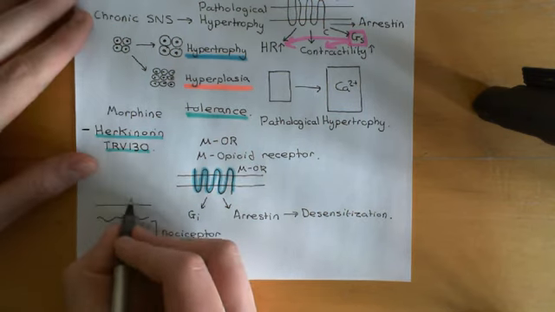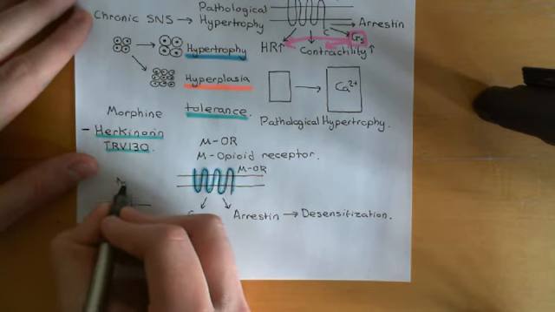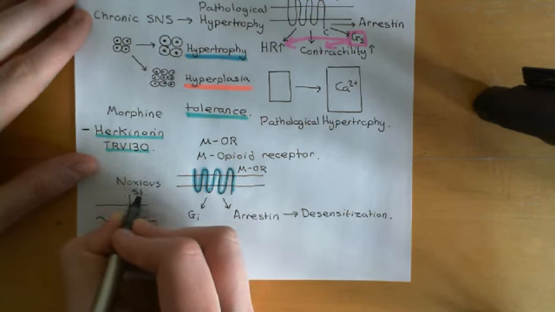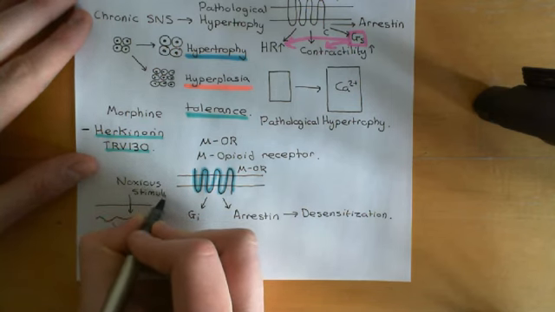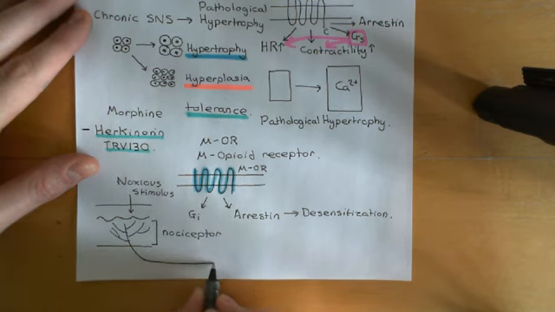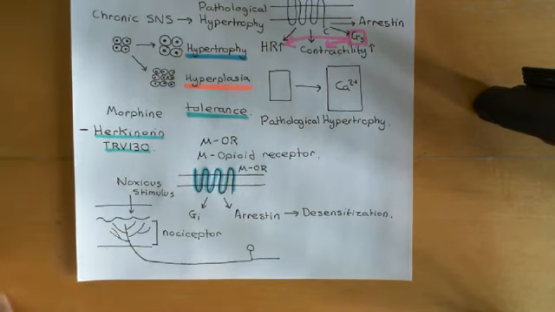If some noxious stimulus is delivered, let's say intense pressure is delivered to the skin, then this can activate that nociceptor. The nociceptor will then send action potentials up the axon of this primary nociceptive afferent, like so. So this is the neuron with the nociceptor on its end.